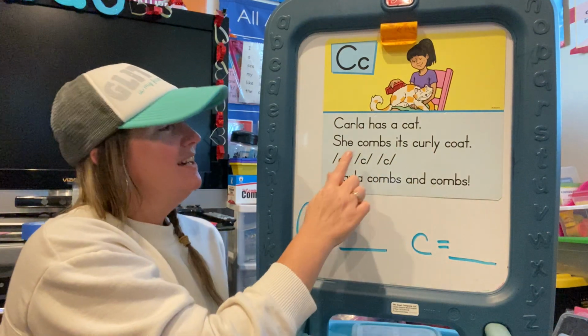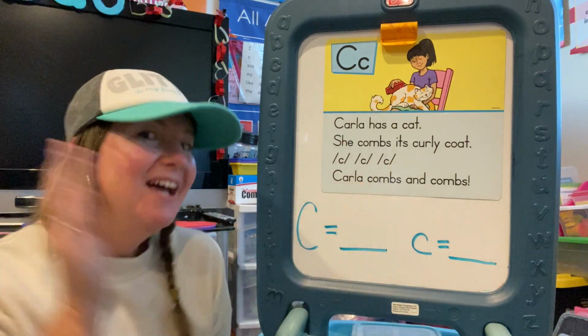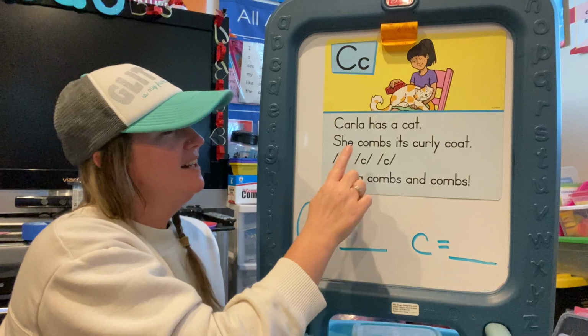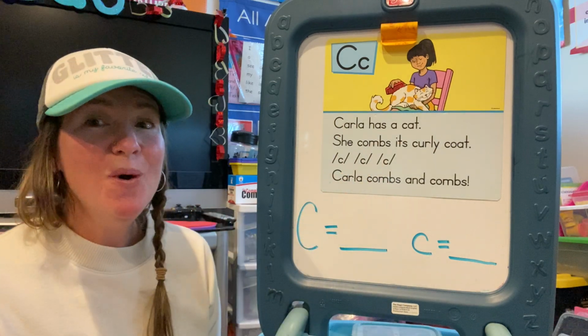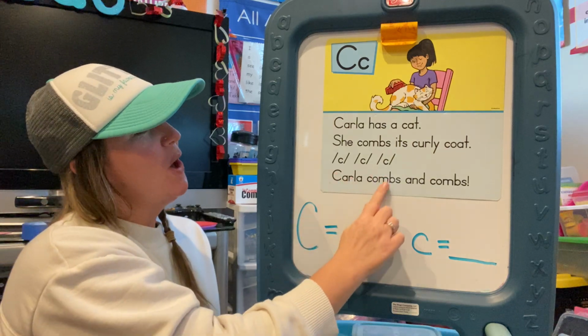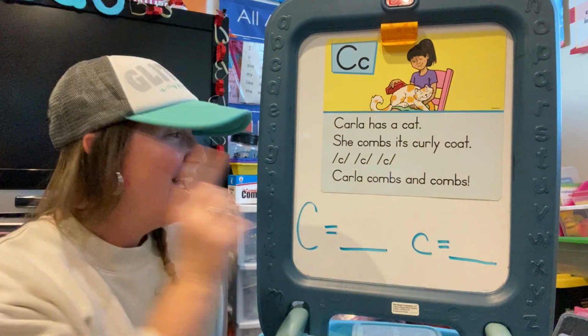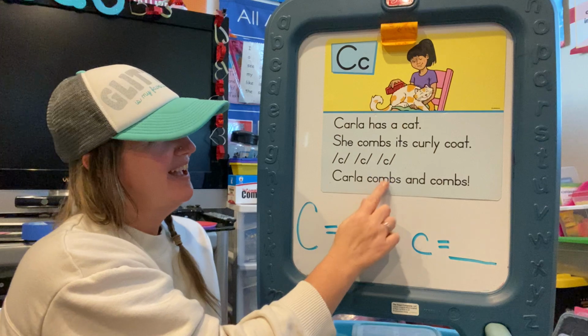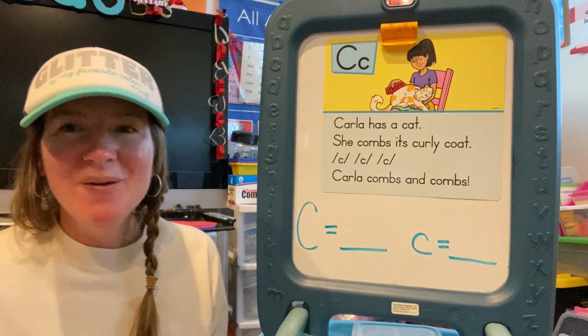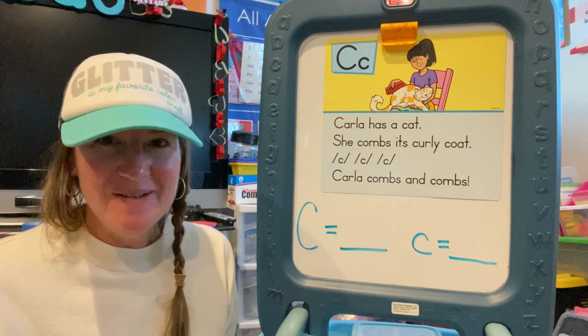Nice. One more time. Your turn. Carla combs and combs. Your turn. Good, and there's that exclamation point right there, so we're going to say it with excitement.